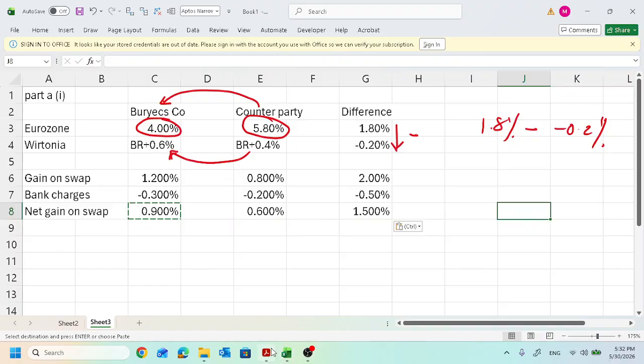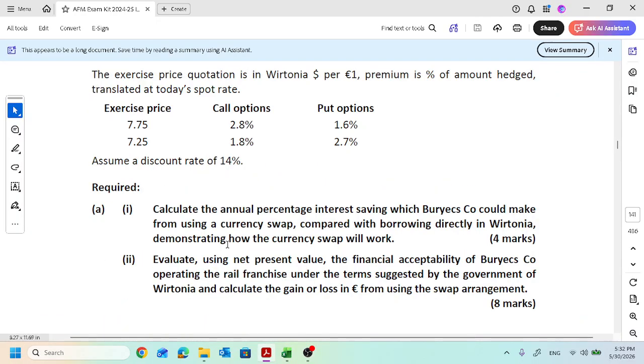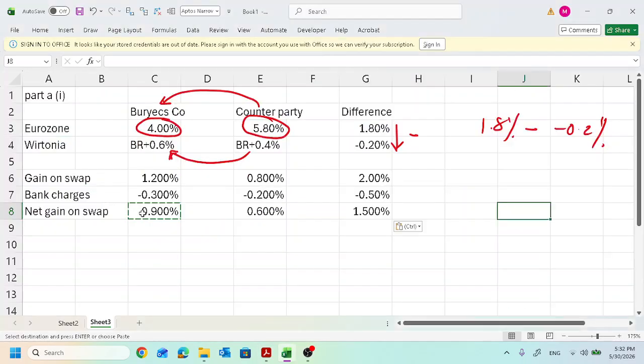So the requirement they asked: calculate the annual percentage interest saving which B company could make from using the swap. This is the amount of saving. So let me write this here.